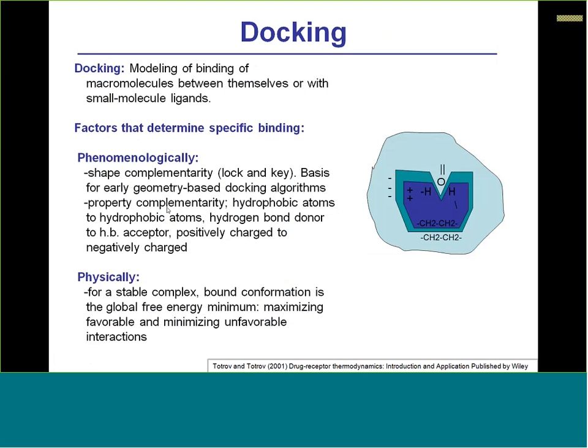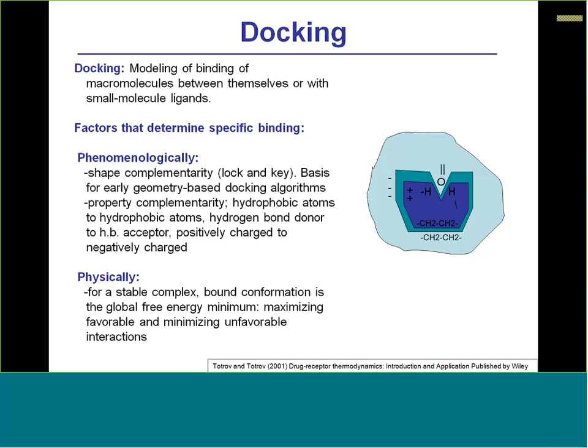So, factors that determine specific binding. The early docking methods were based on shape complementarity, lock and key, basically. So it's like a geometry fit method. And also you have the property component.